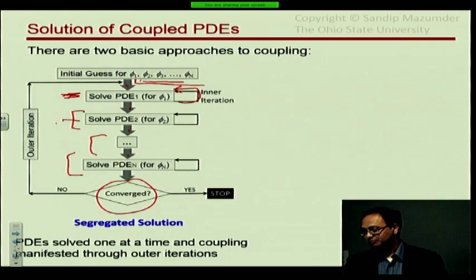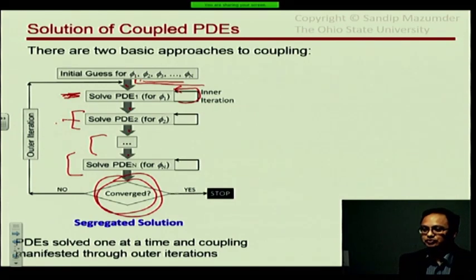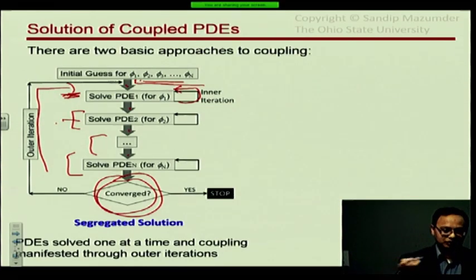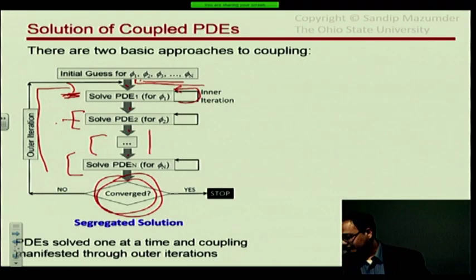In the end, I have to check for the simultaneous convergence of all the equations to see that I've solved all the PDEs. If that is the case, then you stop. Otherwise, you have these outer iterations. This is very similar to what we talked about for nonlinear equations: an outer iteration to address coupling between PDEs. These types of iterations are called Picard iterations.